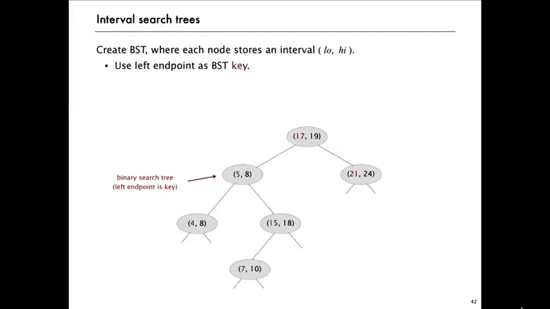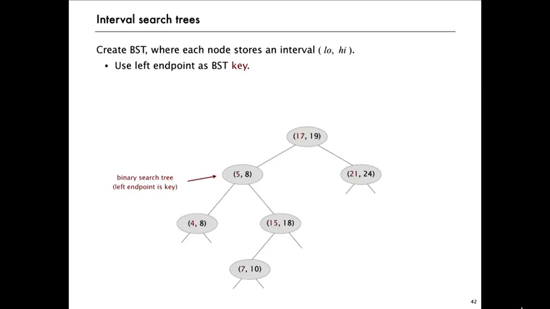So now we'll look at a data structure called an interval search tree that helps to solve this problem. It's an extremely simple algorithm, but surprisingly complicated to understand, so we'll go slowly. The first thing is, we're going to use the left endpoint of each interval as the binary search tree key. So our nodes store intervals, but we only use the left endpoint as the key.